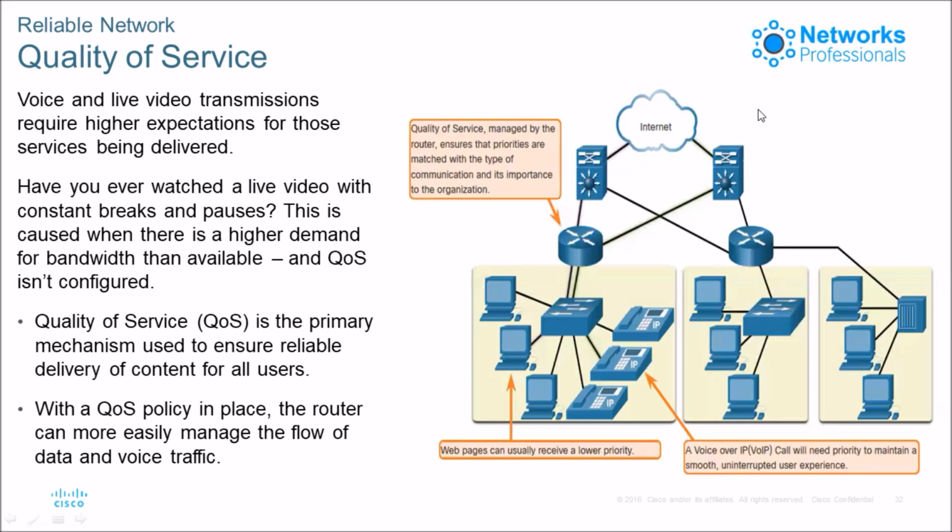Network bandwidth is measured in the number of bits that can be transmitted in a single second, or bits per second, bps. When simultaneous communications are attempted across the network, the demand for network bandwidth can exceed its availability, creating network congestion.